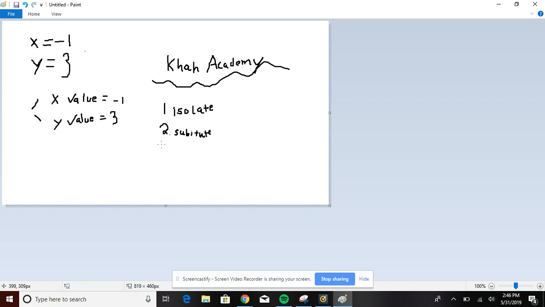Step 3, solve. And here's step 4, which is state solution.